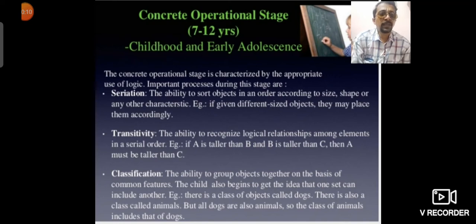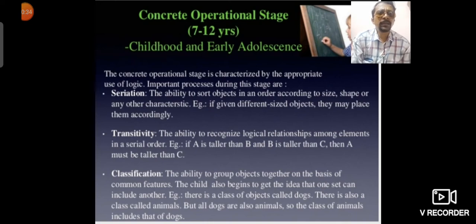This is the cognitive development in the third stage, that is seriation. For example, you can give different types of things or materials and tell them to organize them into different categories.